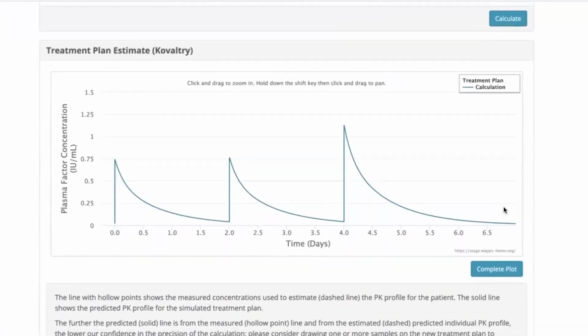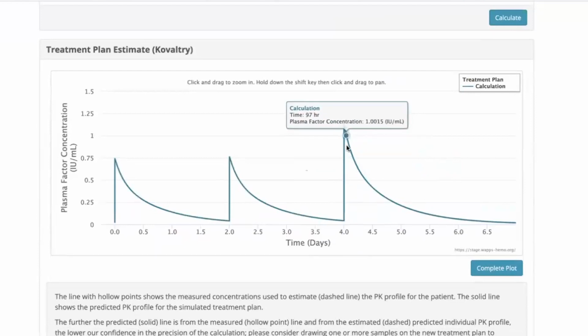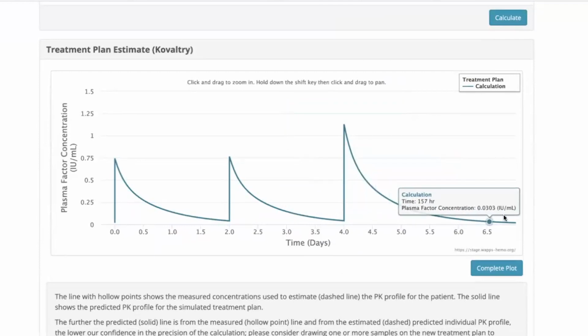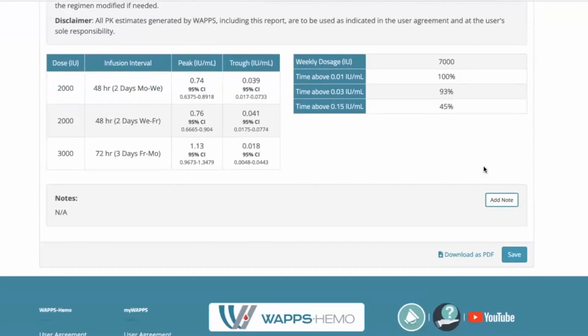And what happened here is that you see a bigger peak on the Friday because I'm giving a higher dose, so it goes higher up. And then hopefully it will stay more protected. Now, if I go and look here, instead at 1.3, he ends at 1.8. It's not a huge difference.